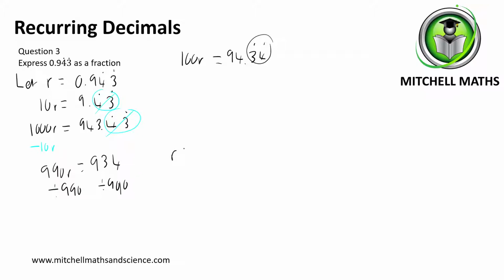And that means r equals 934 over 990. And as you can see, both numbers are even, which means they're going to divide by 2. So 990 divided by 2 is 495. And 934 divided by 2 is 467.